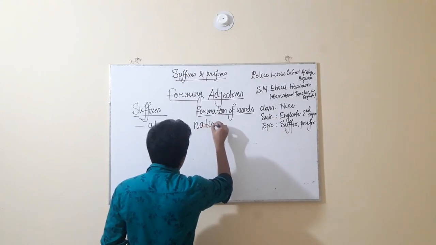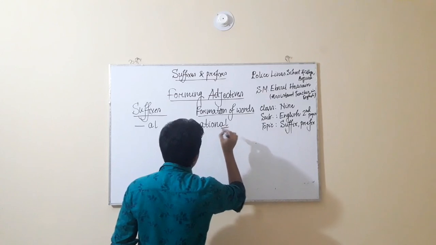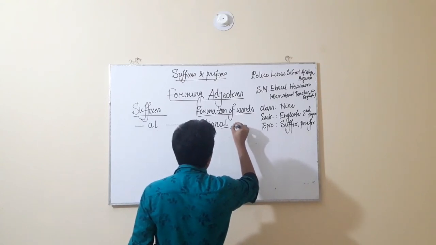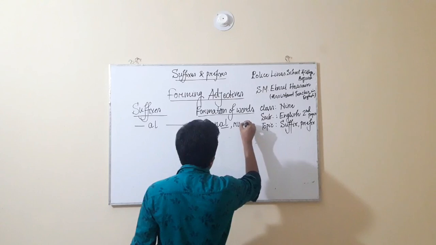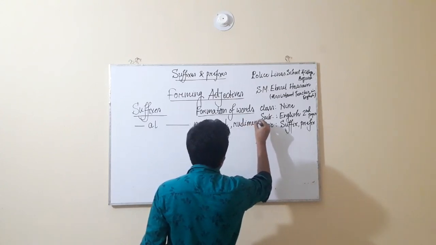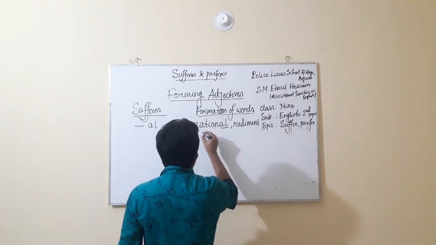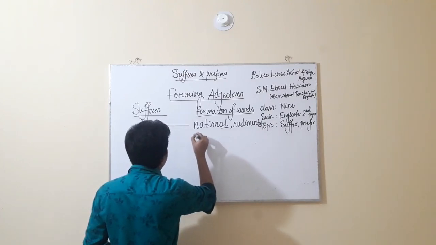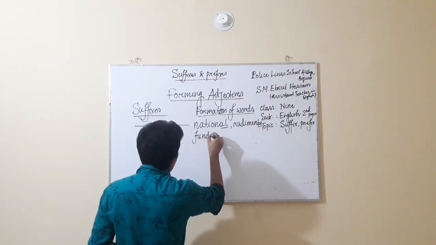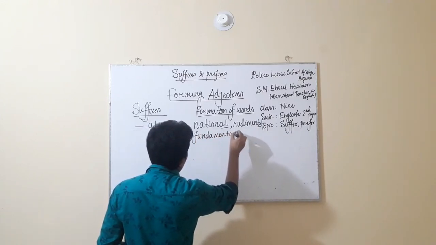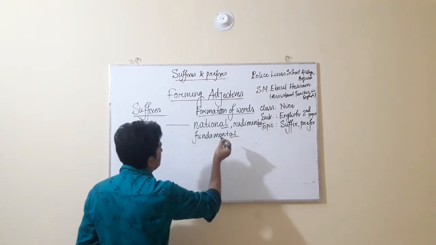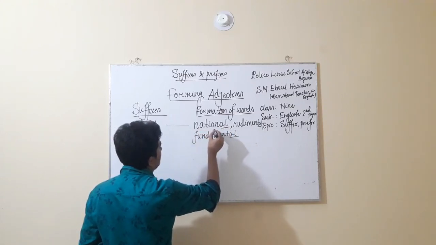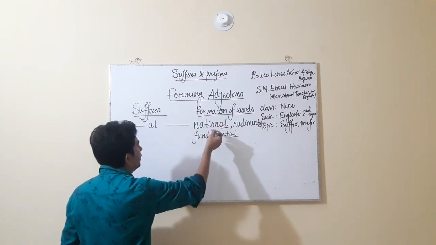National, rudimental, fundamental. The suffix AL is added to the existing word nation, and by adding the suffix, this word turns into an adjective.